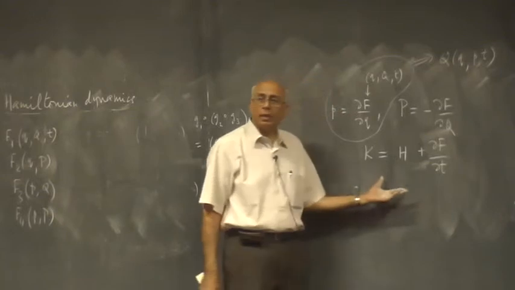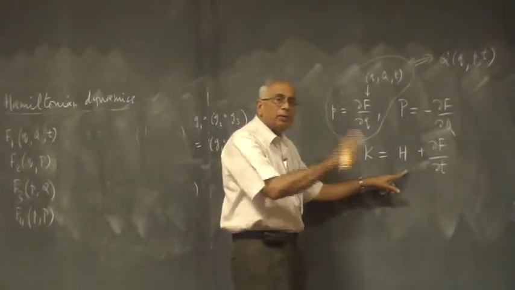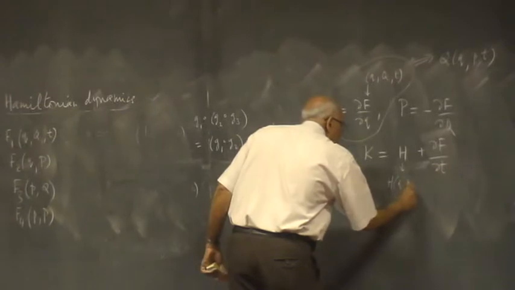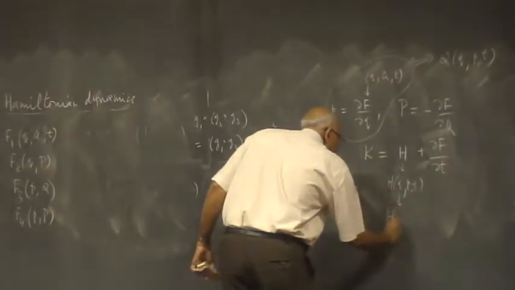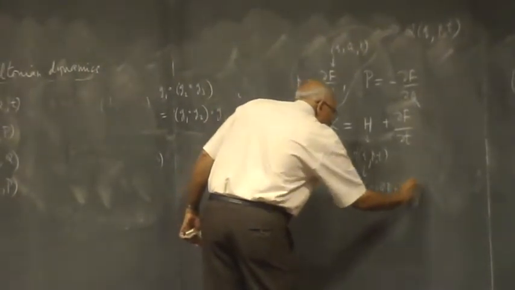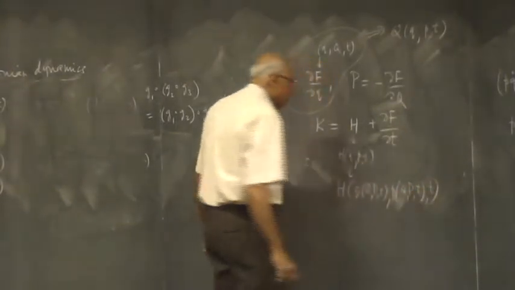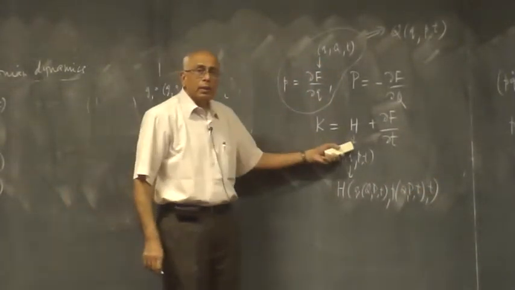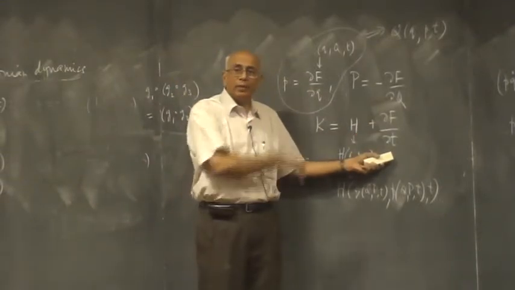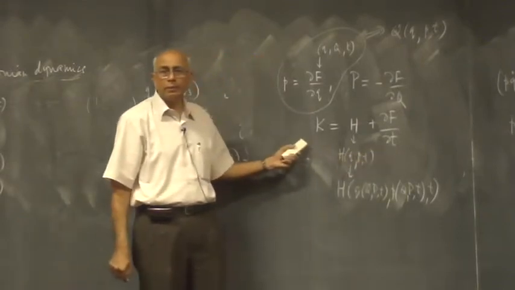And finally I come to this and I say, now I have the new Hamiltonian. It's the old Hamiltonian expressed, of course, in the new variables. So remember, this was H of little q, little p, and t. But now I'm going to express it as H of q(Q,P,t), p(Q,P,t), and that's this portion. And the partial derivative here, with the little q eliminated in favor of capital Q, P, and t, is going to give me the new Hamiltonian.